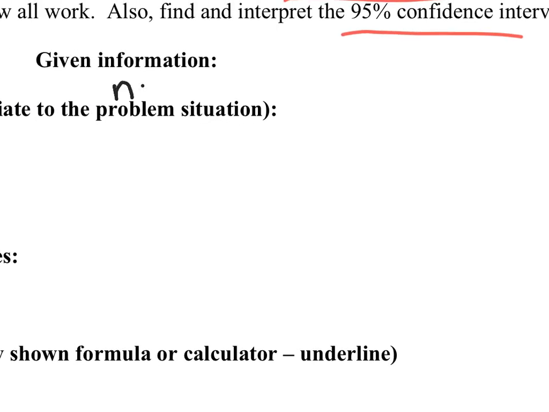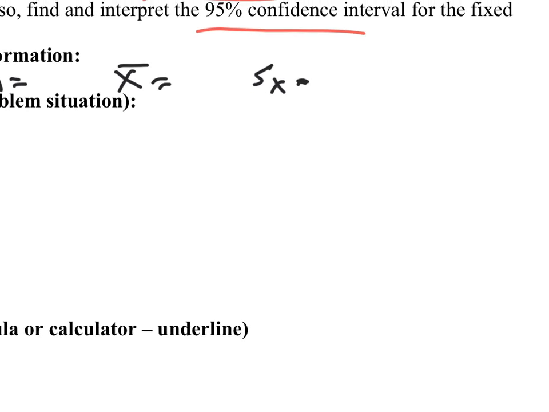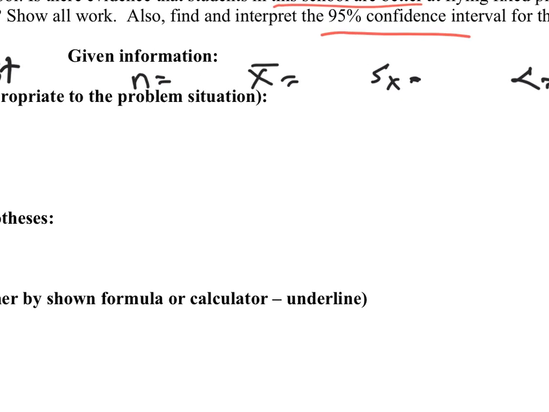I need us to know what n is, what x bar is, and what the standard deviation is. And then I always put my alpha. Alpha's 0.05, just because. So what was my n? N is 19.